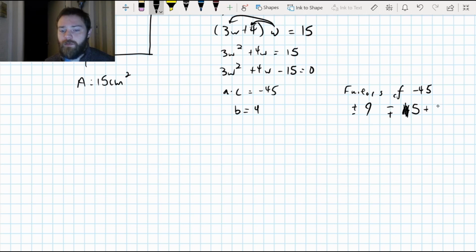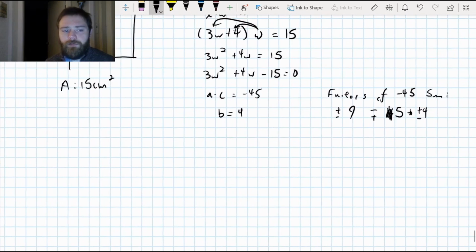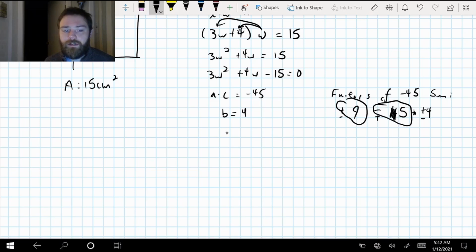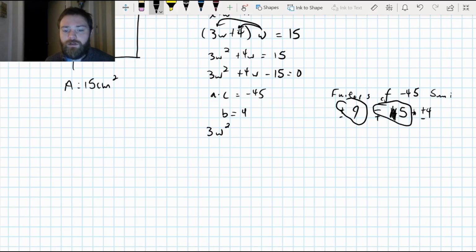Positive 9 minus 5 is positive 4, so here's our sum. And negative 9 plus 5 is negative 4. So the two numbers I'm going to use are positive 9 and negative 5 to split up this quadratic. That gives me 3w squared plus 9w minus 5w minus 15 equals 0.